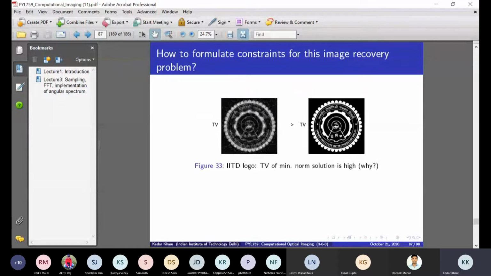So why do you think it is larger? Again, do you agree with me that total variation will be larger, first of all? Hello, can somebody answer?